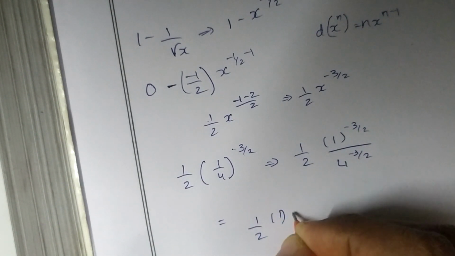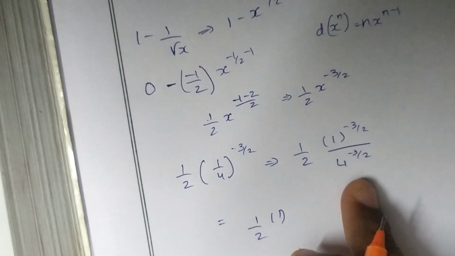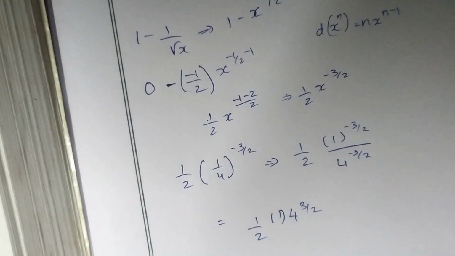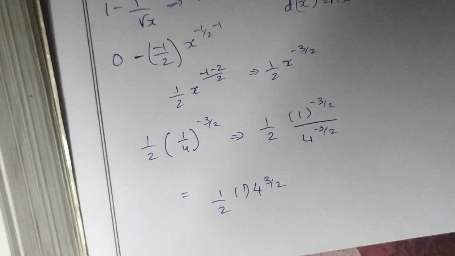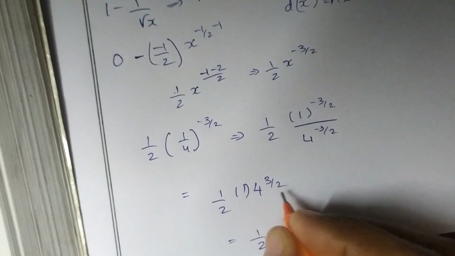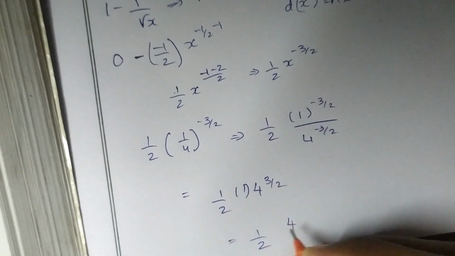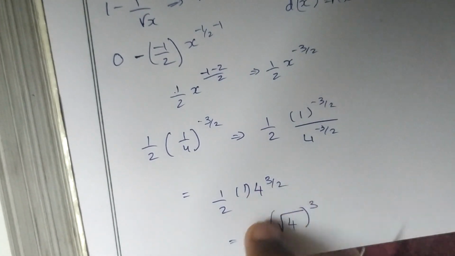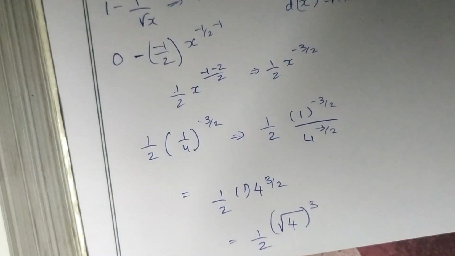If you bring this 4 power minus 3 by 2 to the numerator, you will get 4 power 3 by 2. Then you have to keep this as 4 root to the whole cube. I am just converting that 3 by 2 as 3 into 1 by 2. Can you understand?